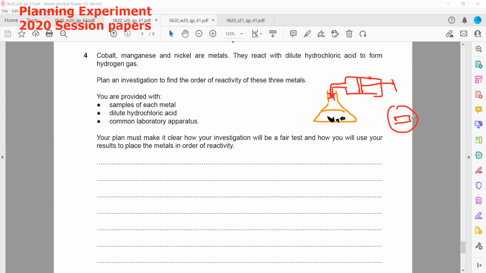For example, after 3 minutes we'll measure the volume of gas, or we can carry out the reaction and measure the volume of gas given off every minute. Using change in volume divided by time, we will find the rate of reaction. And using the rate of reaction, we can sort out which one is more reactive and which is less reactive. You don't have to tell which metal is more or less reactive. You just have to plan an experiment.